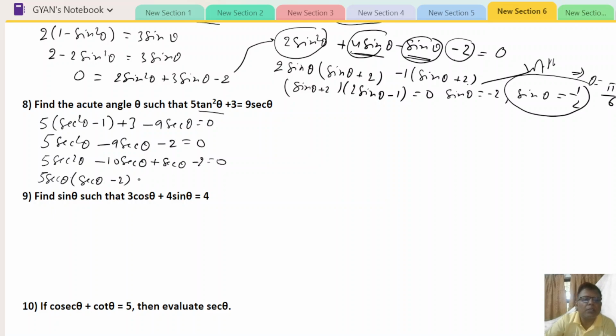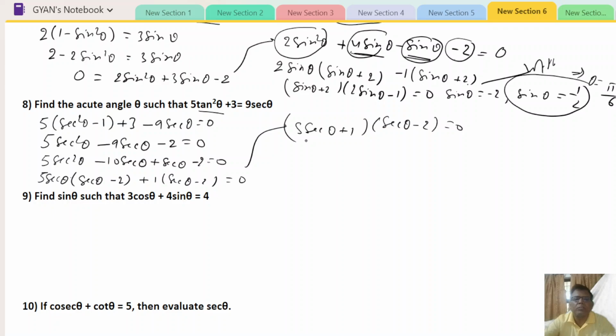And here take 1 common, sec theta minus 2. So now (5 sec theta plus 1) common, (sec theta minus 2) is equal to 0.